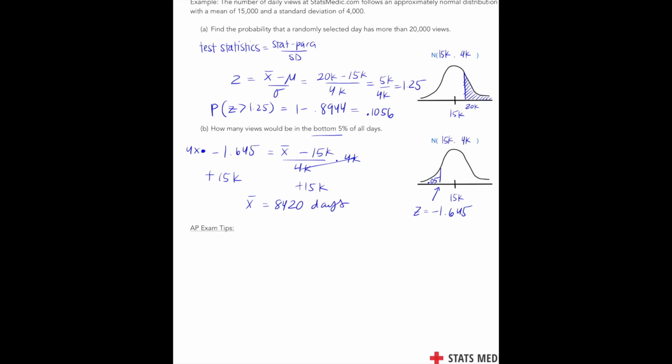Okay, so the AP exam tip for today is just make sure that you label your picture, and then also show your specific formula. And your specific formula here is going to be this formula right here. Okay, if you don't end up doing general, it's okay, as long as you do specific.